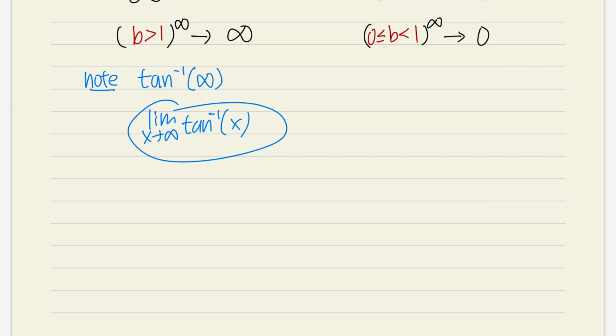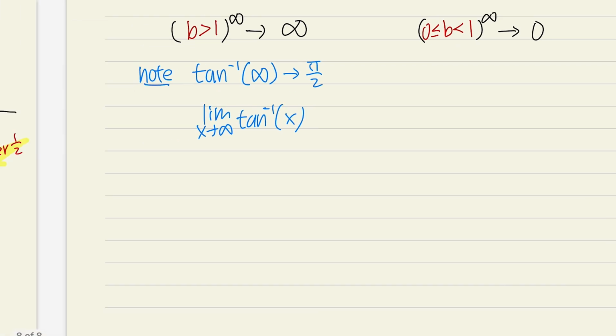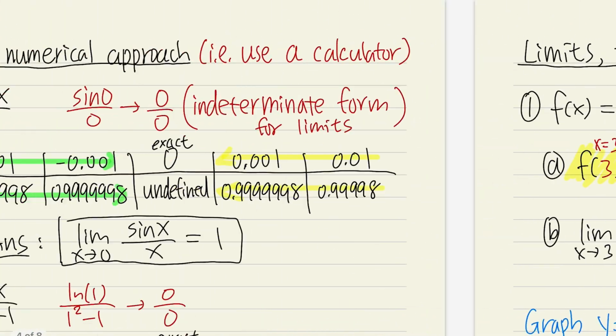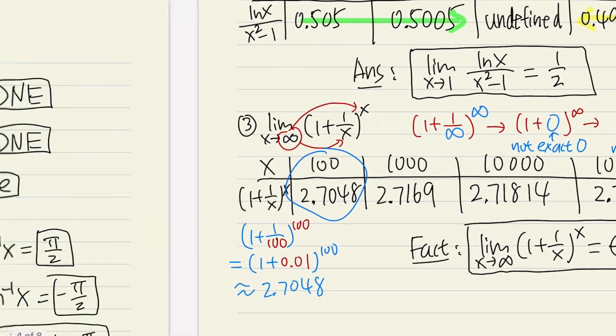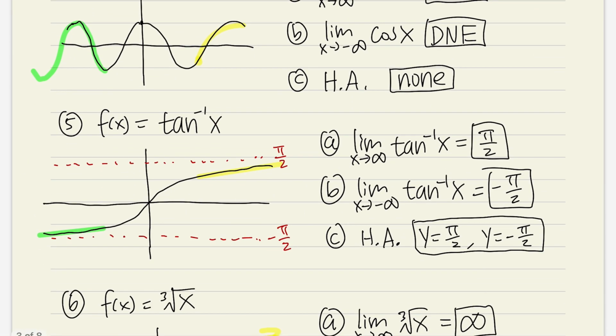A lot of people don't like it, but it helps you to draw a conclusion right away. Remember this? This gives you pi over 2. Why? Because we did them already. We did this kind of question already right here. Think about the graph. It's right here. It has a horizontal asymptote. Therefore, as x goes to infinity, we have a finite limit for that.